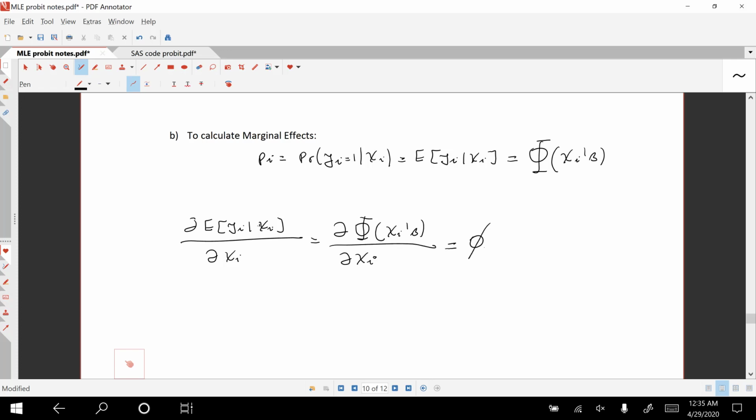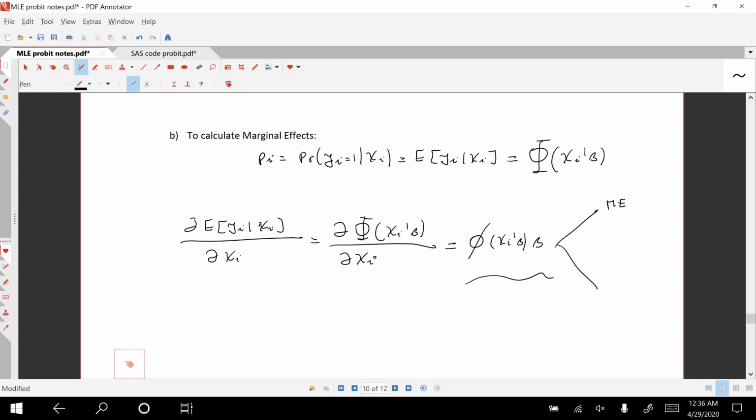And remember, this is the CDF evaluated at xi prime beta. So this is going to be the PDF, the normal PDF evaluated at xi prime beta times beta. And there are going to be two options. So this is the idea.